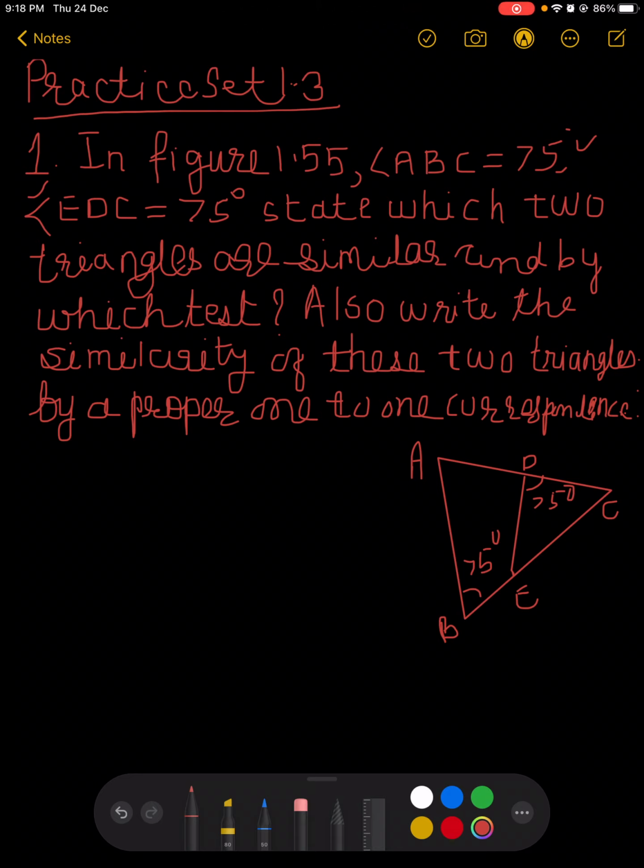So you can see in the diagram there are two triangles. Number one, ABC, and the second triangle I should call EDC. Both triangle ABC and EDC contain one pair of common angle, angle C. And besides the common angle, you are given angle B 75 degrees, angle D 75 degrees.